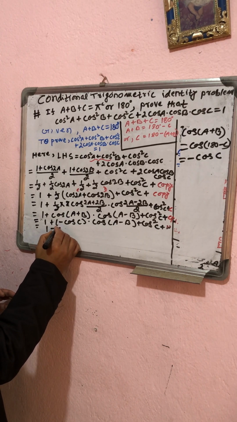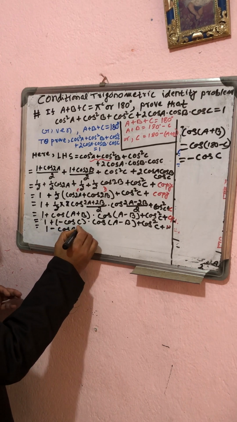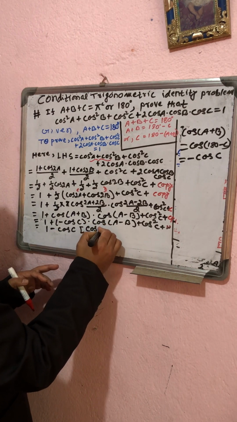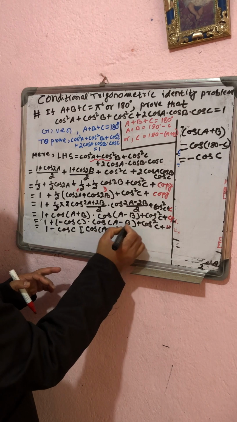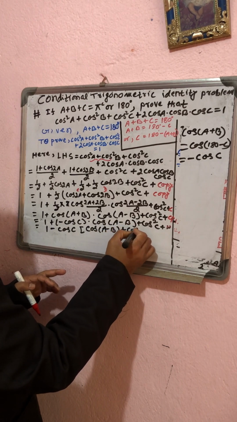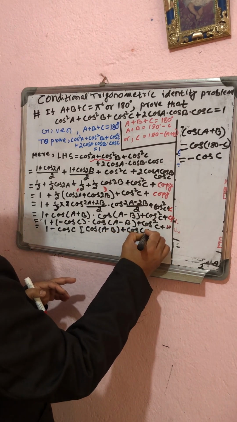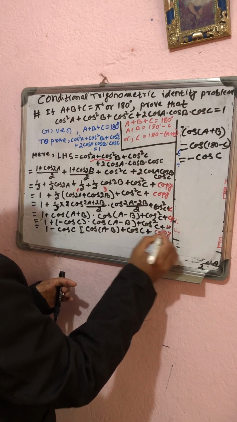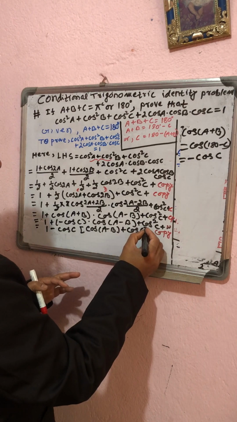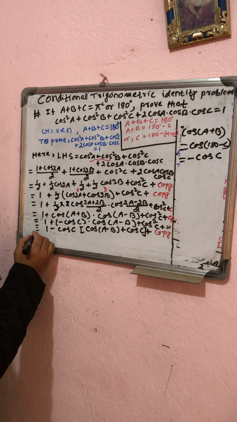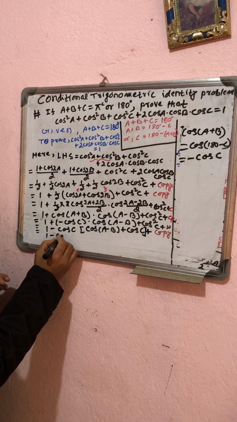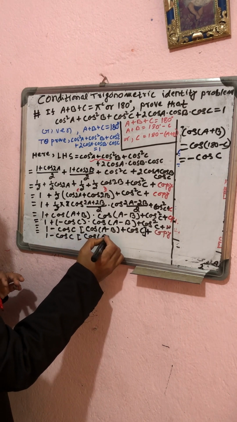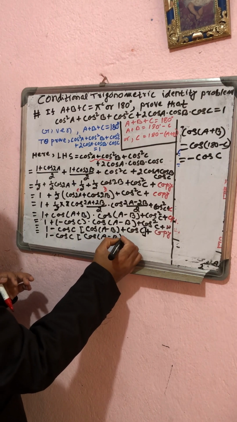Then we are left with cos(A-B) and cos C only, and then plus you have to keep copying this term. This is 1 minus cos C, and now it is cos(A-B), and then plus.